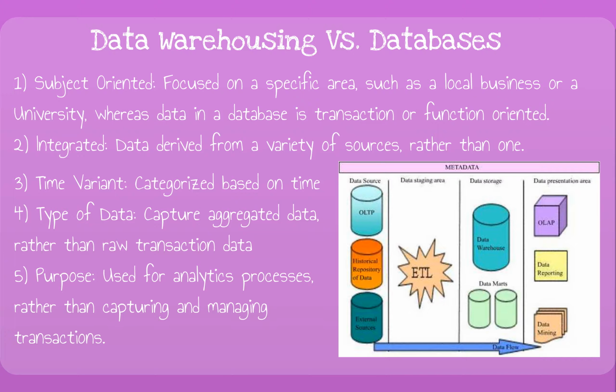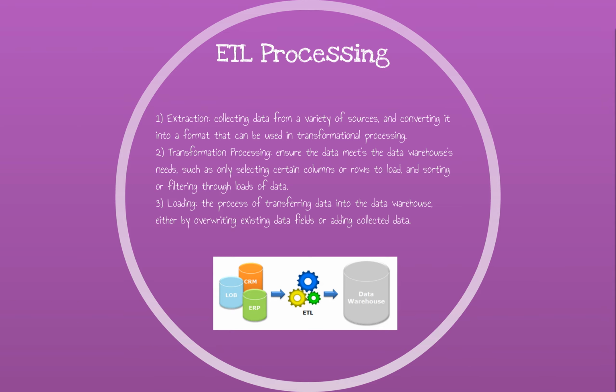Additionally, the process through which information is processed through a data warehouse is known as ETL. These 3 stages include extraction, meaning the collected data from a variety of sources is converted into a format that can be used in transformational processing. Transformational processing occurs to make sure that the data meets the data warehouse's needs, such as only selecting certain columns or rows to load, and sorting or filtering through loads of data.